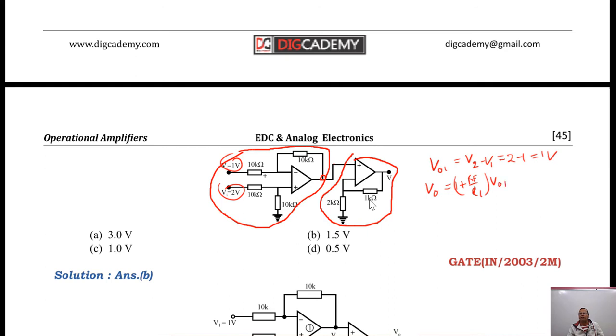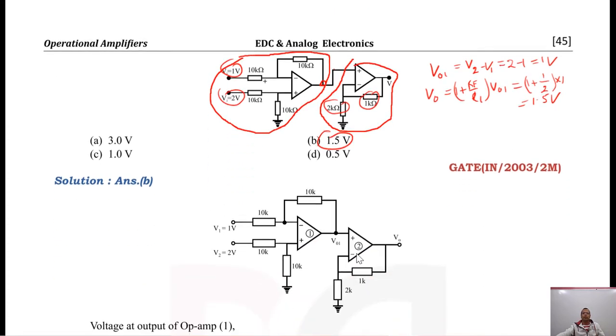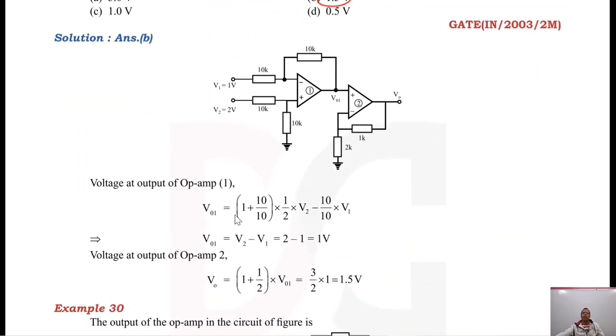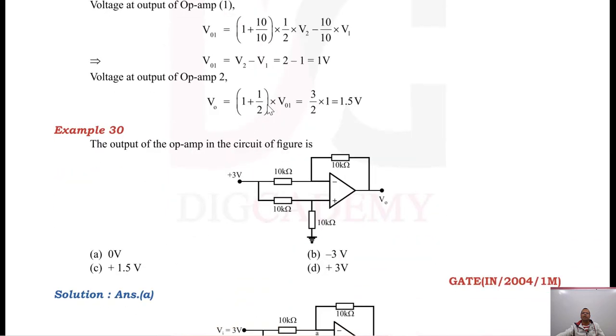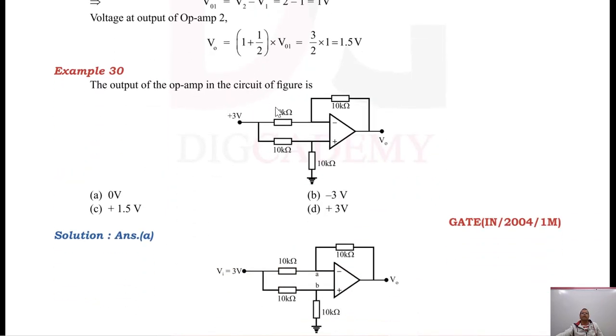RF here, I'm saying this RF is this resistance, R1 is this resistance for the output stage. So this is 1 plus 1 by 2 into output of the first stage, that is this. So this is nothing but 1.5 volts. So answer is this. I'm not going through the solution. Solution will be a little more explained, but I have given you the output. Fine. So that is how you do it.